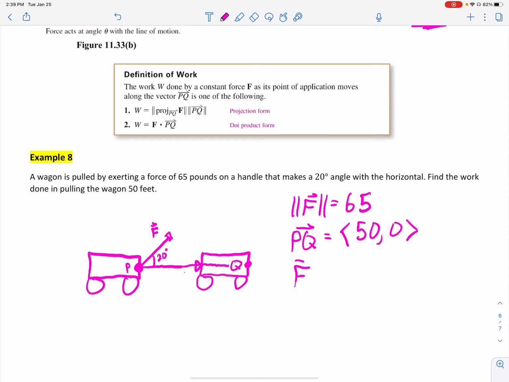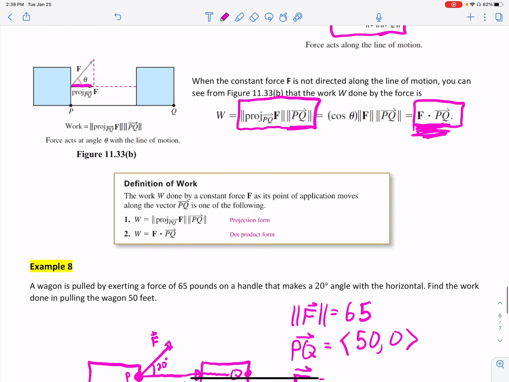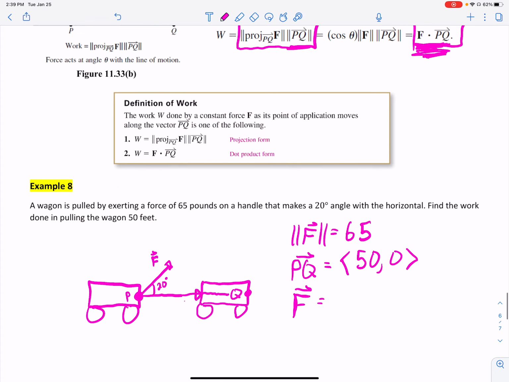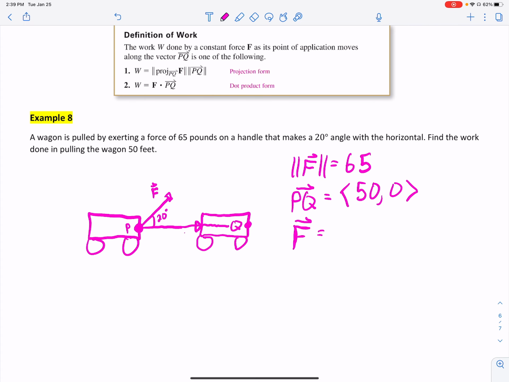We need our F vector as well. All right, my F vector is the magnitude, 65, times the direction. Well, the direction is cosine of 20 in the x direction, sine of 20 in the y direction. So our component form has the magnitude on the outside.